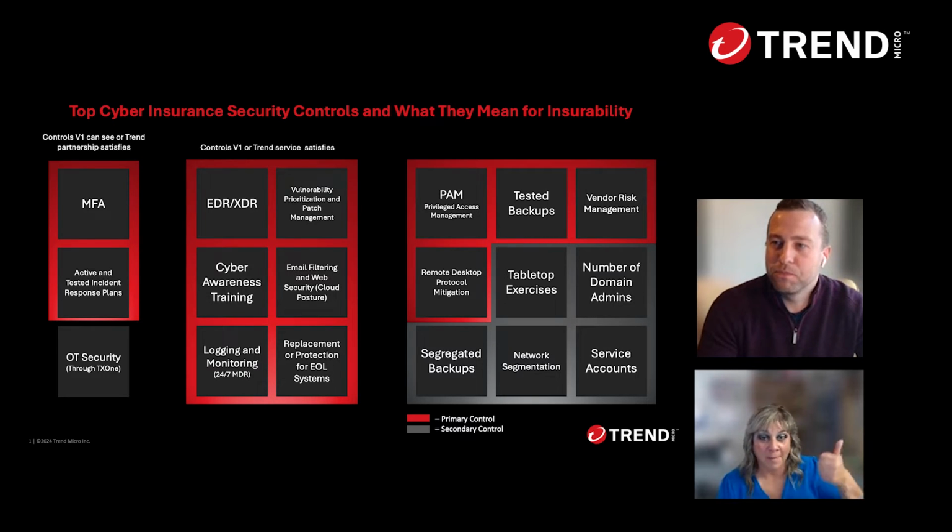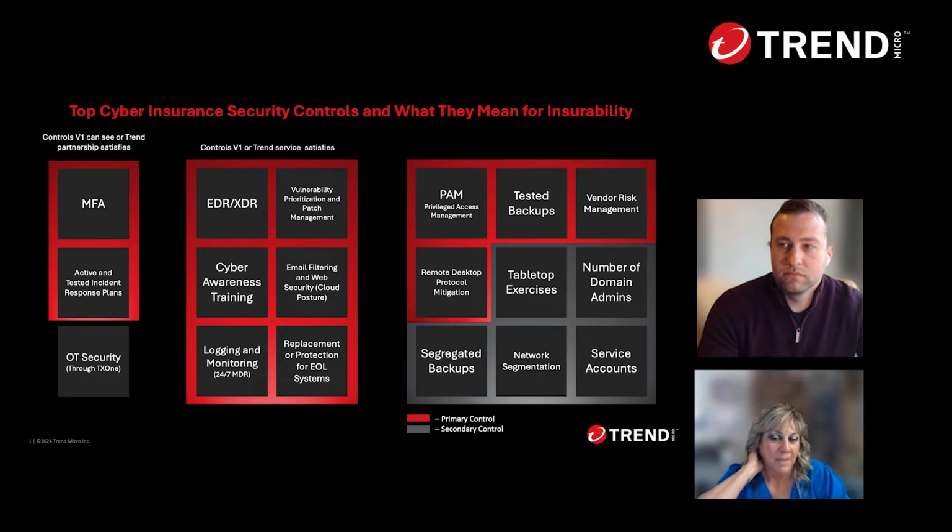Okay, so we've talked about MFA. That's number one, that's what you guys all look for. Number two, EDR, XDR. So what on this glorious screen in front of us would you say would be the next control to fall in line? And maybe just looking at most of these, what would you say are the top 5 or 10 that most carriers tend to look at?